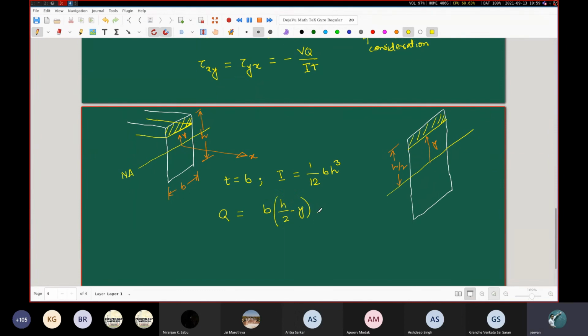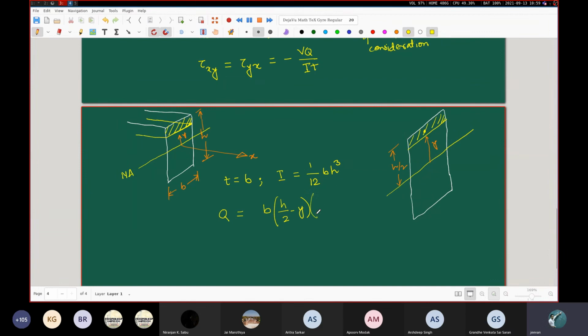What is the moment arm? The moment arm for this area is calculated from the neutral axis to the centroid of the area under consideration, this yellow hatched area. The centroid of that will be lying somewhere here. What is the distance of that point from the neutral axis?